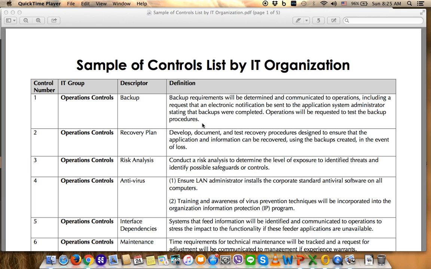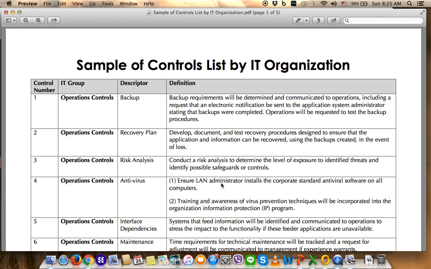The purpose of risk analysis is to conduct the analysis to determine the level of exposure, to identify threats, vulnerabilities and assets, and evaluate to identify the possible safeguard controls. The next is antivirus, which we can also treat as an operation control.